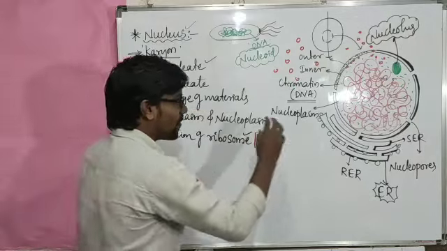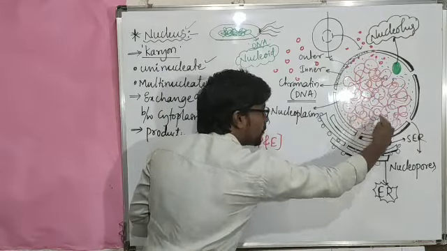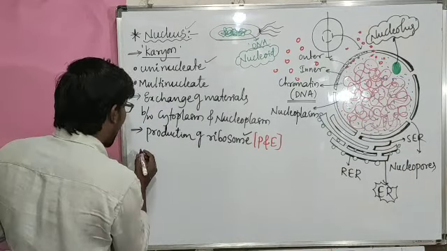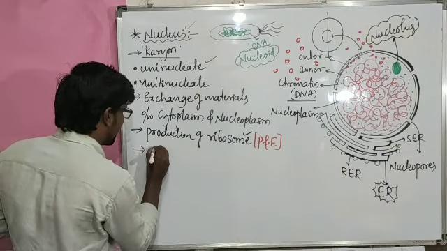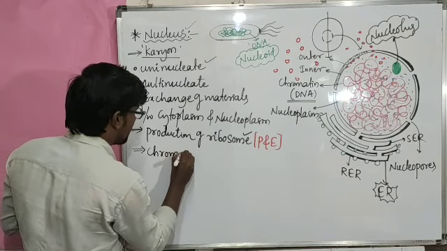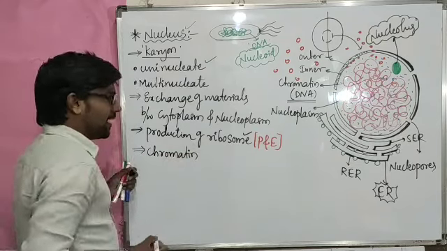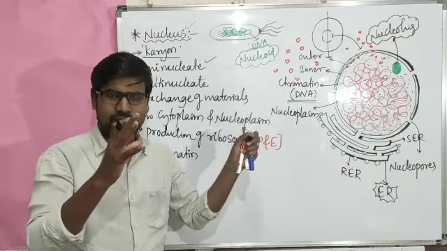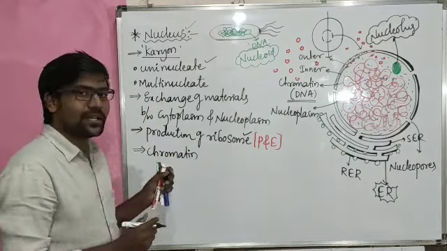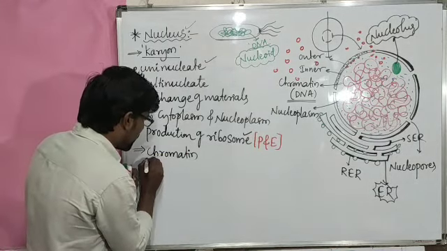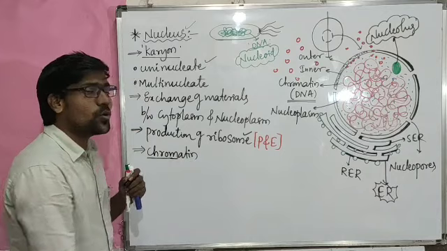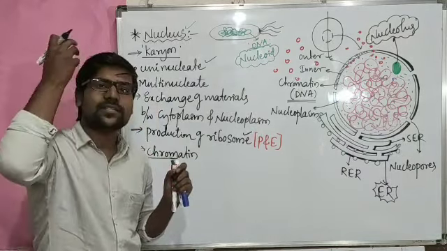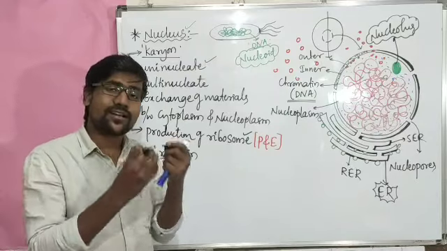And apart from this, if we consider the major portion inside the nucleus, what is that major portion? That is the chromatin. We consider it as a chromatin network or chromatin fibers in different ways, but it is chromatin. Keep one thing in your mind: chroma means color, and chromatin is a thread-like structure which is colored more.